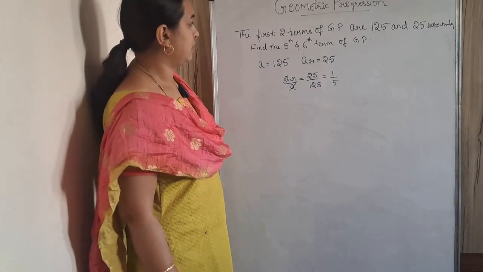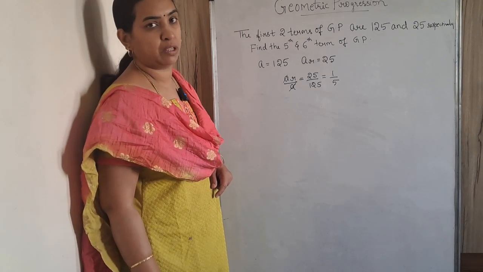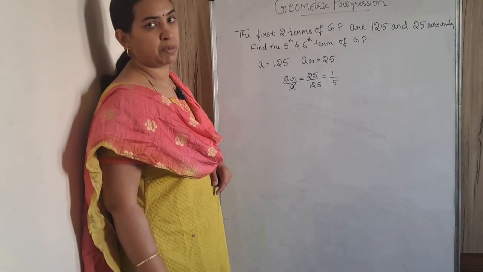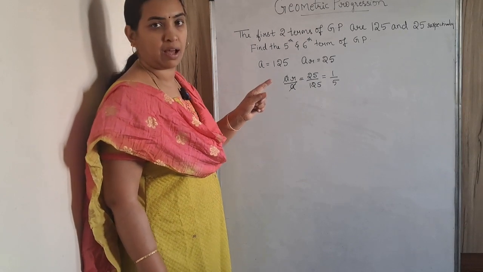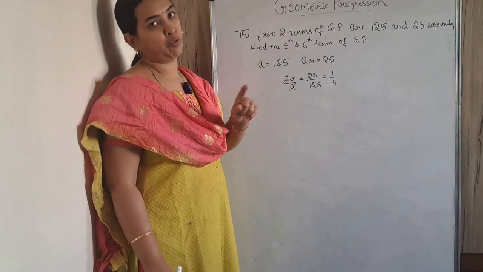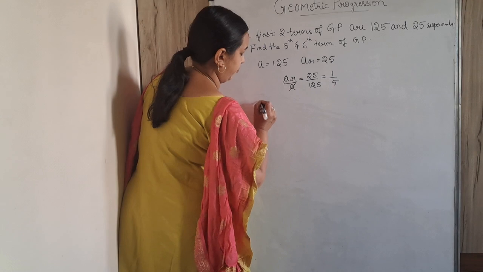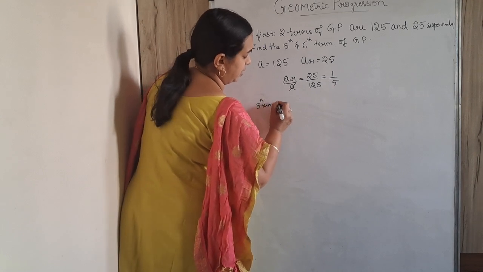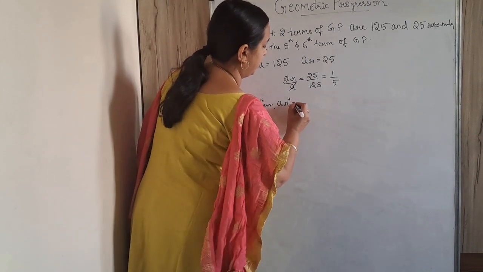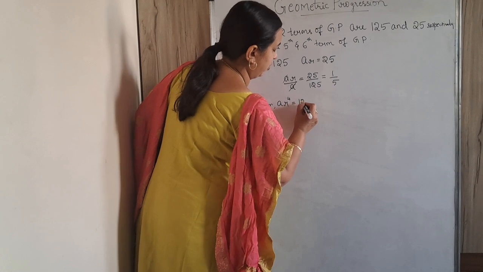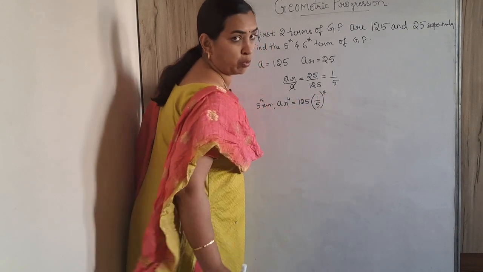Next they have asked us to find the value of the fifth and the sixth term of GP. The fifth term in GP is represented by AR to the power of 4, because the sequence goes like AR, AR square, AR cube, AR to the power 4, etc. The fifth term can be written as AR to the power of 4, which will be equal to, your A is 125 and R is 1 by 5 whole to the power of 4.